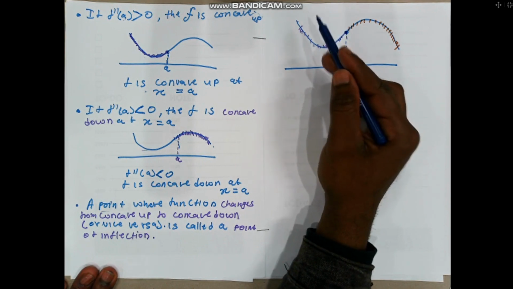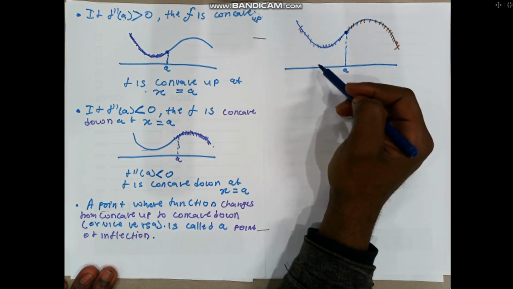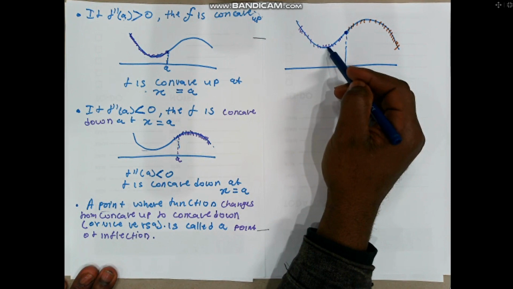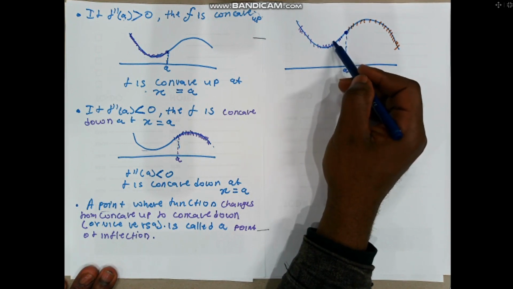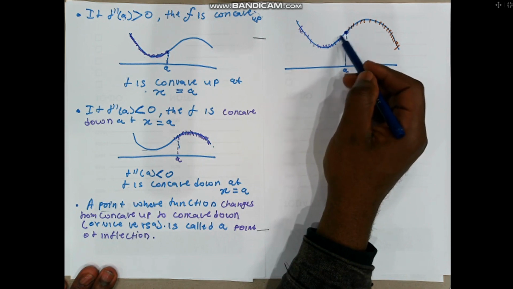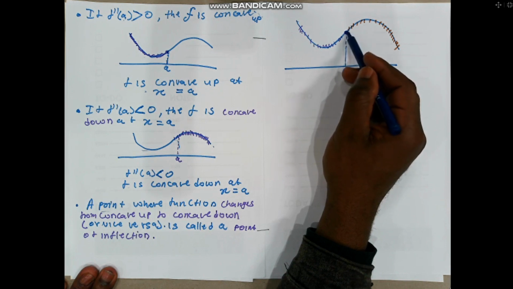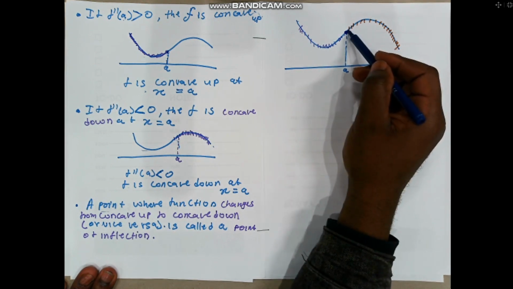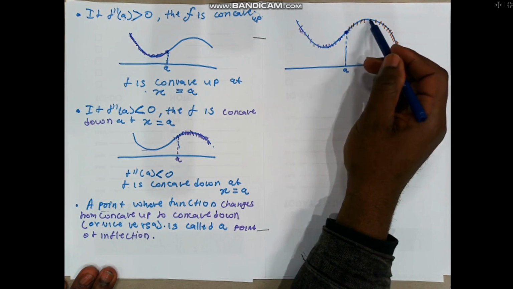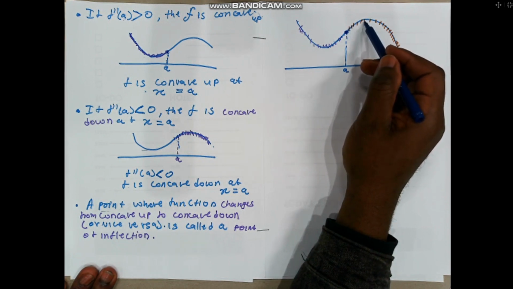Now I hope you see the difference between the turning point, which is this one, and the concavity. That's where the concavity of a graph changes. The inflection, that's where the graph inflects. Here, the shape from here to here was concave up, and from this point going to this side, now it's concave down.